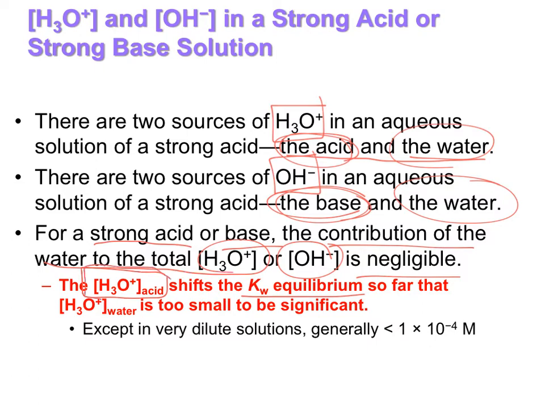Because you have so much hydronium from that acid shifting this equilibrium to the right, whatever amount of hydronium you produce from your water is insignificant. It's just negligible. Only in very, very dilute solutions will water's contribution to hydronium and hydroxide affect it. But for the most part, for strong acids and bases, it's negligible.